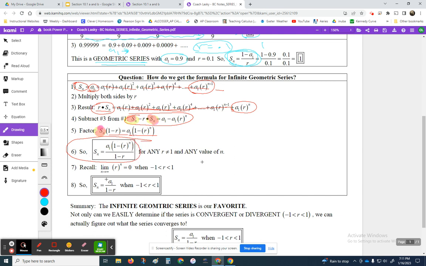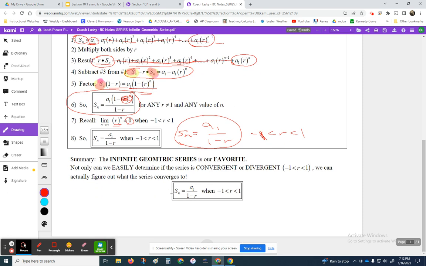Right there. So from prior, we know that as the limit approaches infinity of this piece, it's going to equal 0. So if this piece equals 0, it's going to disappear. So we're going to end up with this equation. The sum of that series is going to be A1 over 1 minus R. And that's what we're going to be looking for, as long as the ratio is between -1 and 1.